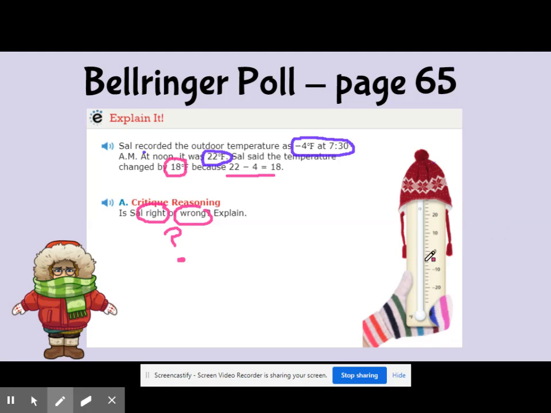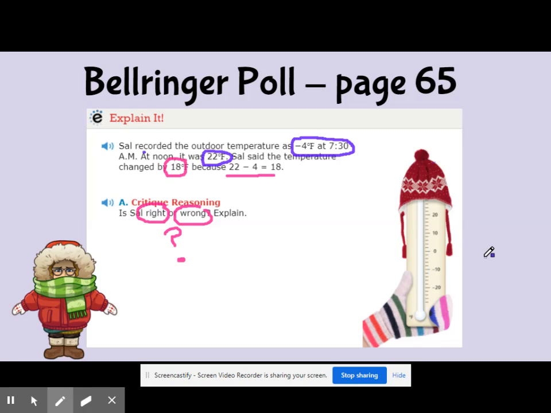All right, so let's use this temperature gauge to help us. Let's plot where these numbers are. So -4, negative means it's below 0. If I count down 4, 1, 2, 3, 4, that puts me right above -10. That doesn't seem right. There's not 10 tick marks here.